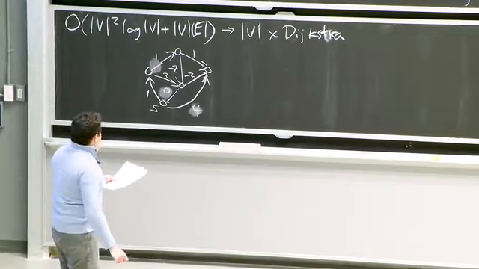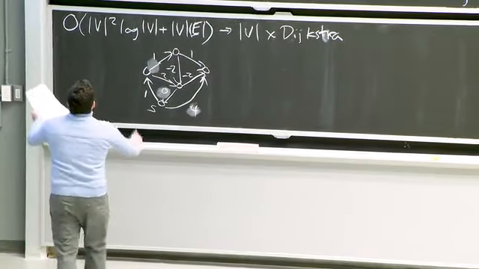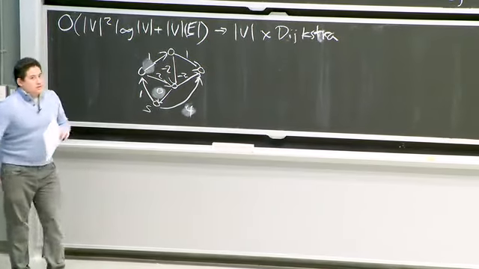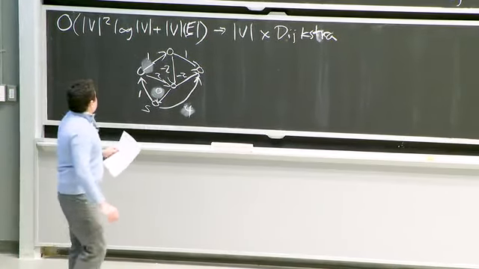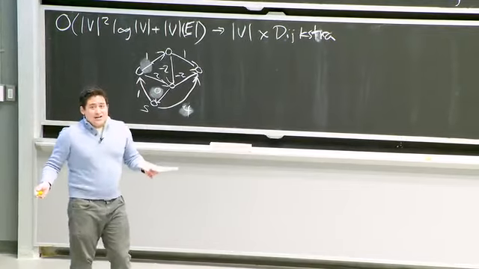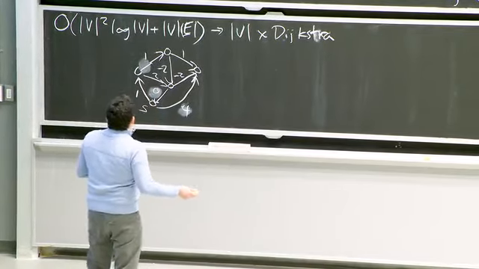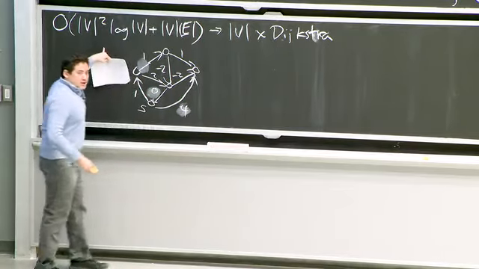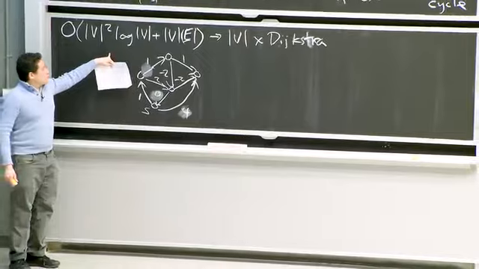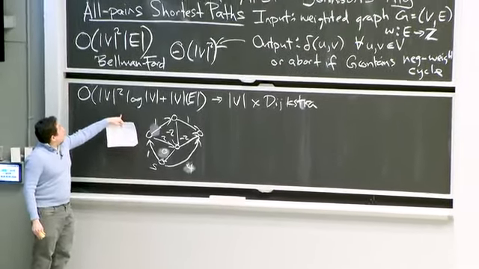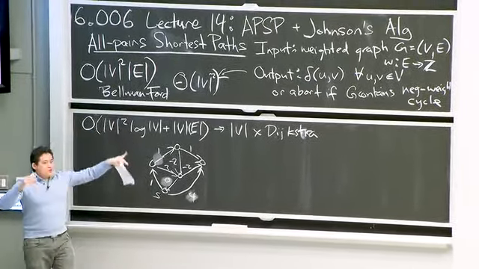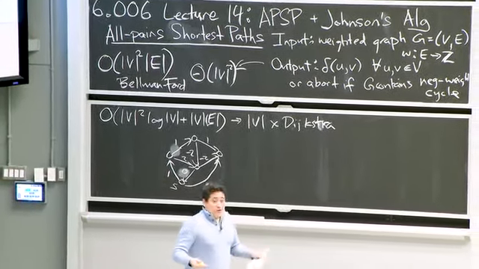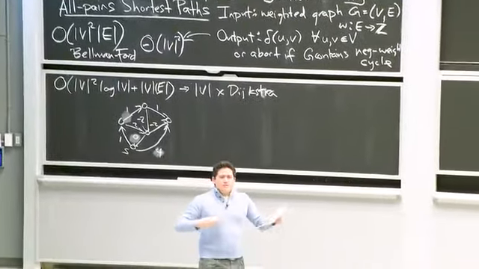The approach we're going to take: we're going to try to take a directed graph that has negative edge weights. We don't know if it has negative cycles or not yet, but we want to compute all pairs shortest paths, not in this running time, but in this running time. How could we do that? Well, maybe it's possible that we can change the weight of every edge so that they're all positive, but shortest paths are preserved.